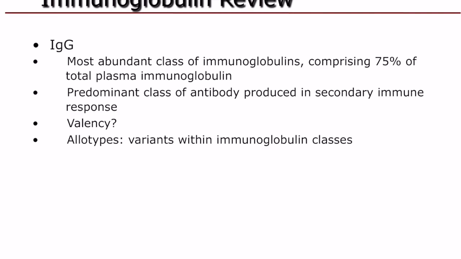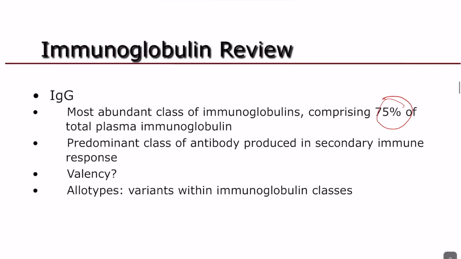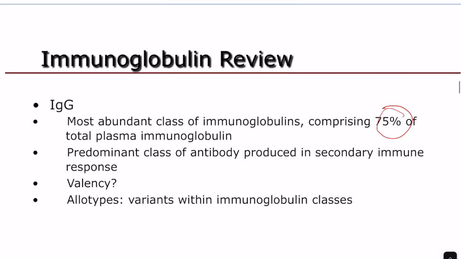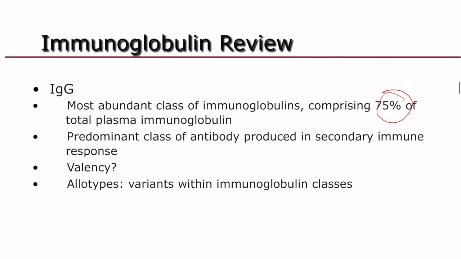Okay, IgG. IgG is our most abundant class of immunoglobulins. This one's showing 75%. I think back here, if we look at our chart, it went 75 to 80. So just be aware, you might see 80% on a quiz or test, and be prepared for that. But it is the most predominant one, most abundant.